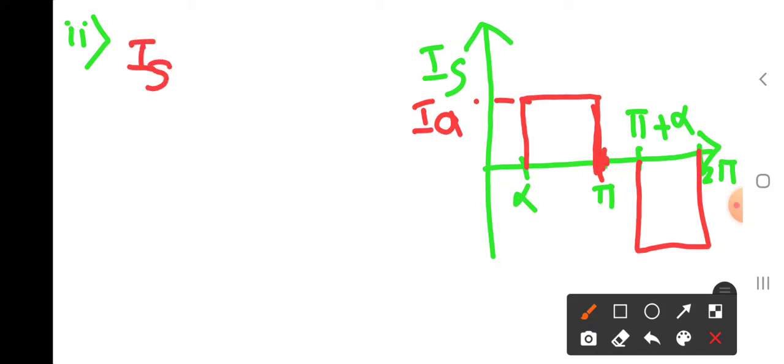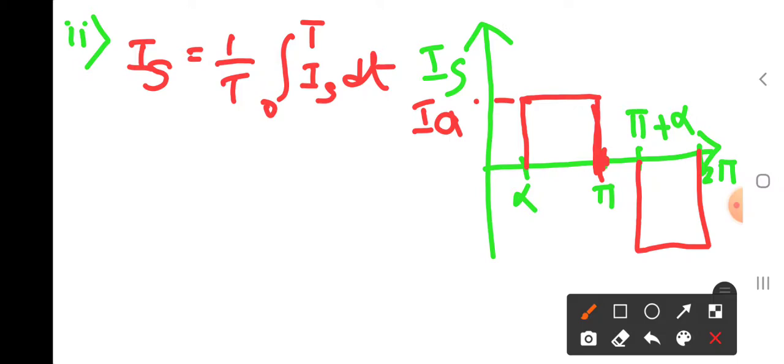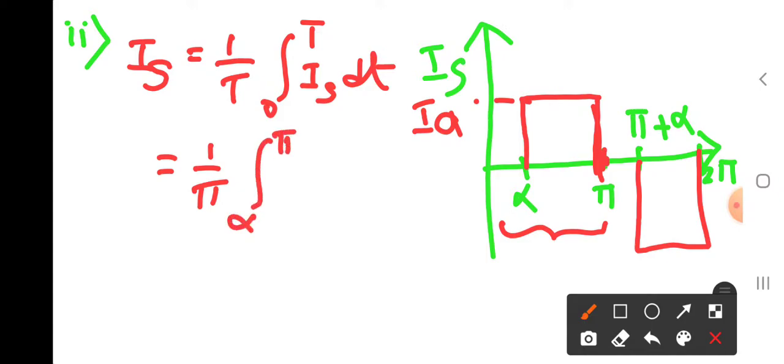IS is equal to 1 by T integral 0 to T of IS into dt. Here the time period is pi, so 1 by pi, but from 0 to alpha the current is 0, hence the integral runs from alpha to pi. The value of IS over this duration is IA.